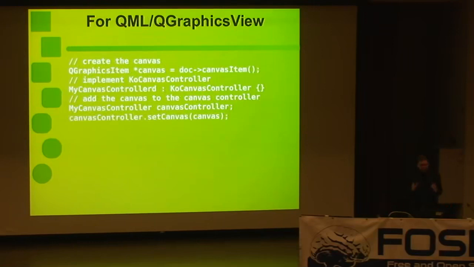QML, Qt Graphics View, is a bit more complicated. You get your canvas item from the document, same as you would get a view. And then you have to, oh, that's a typo. You have to implement the KoCanvasController class. The KoCanvasController class is quite big. It's a huge interface. It's relatively new, so it's not entirely well documented yet.